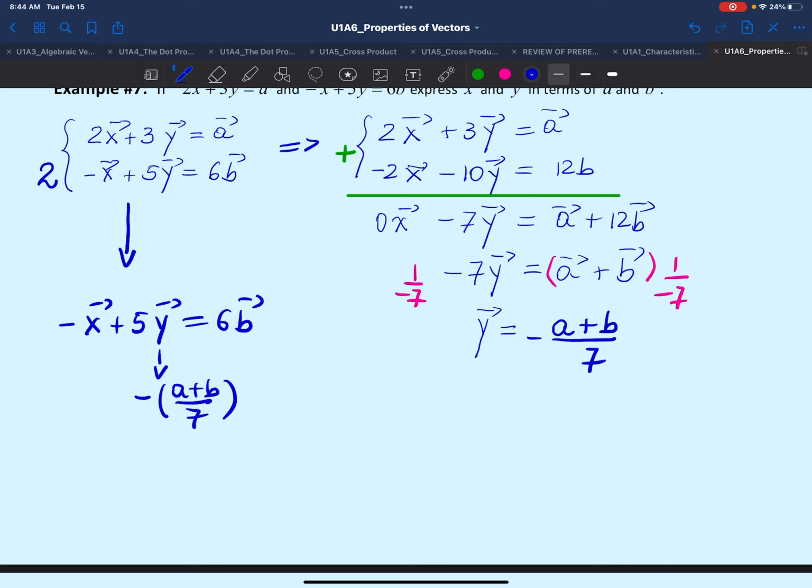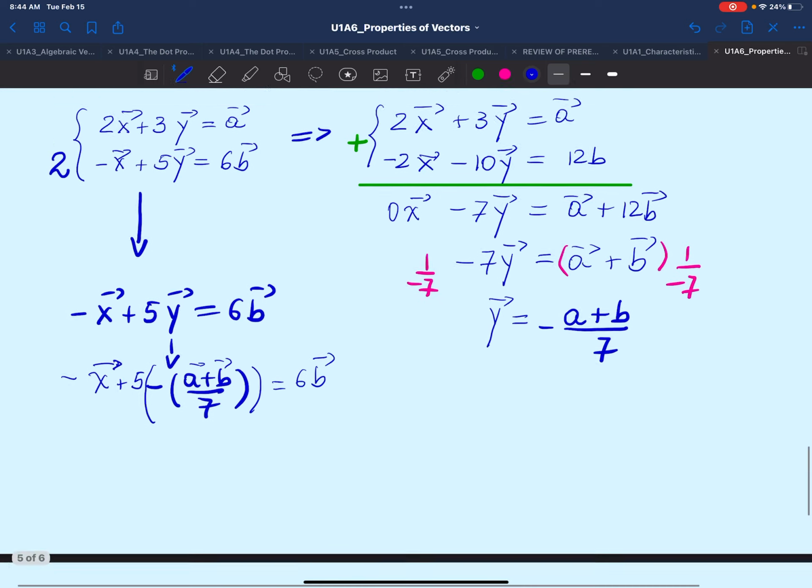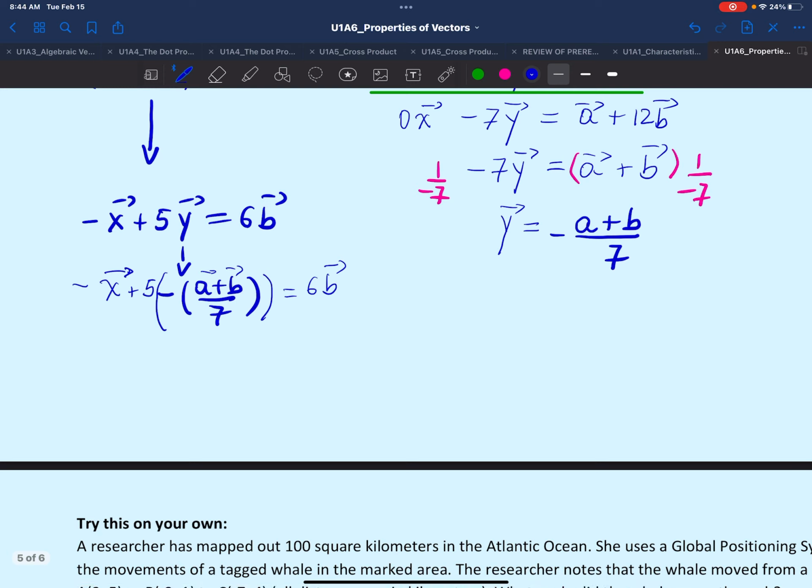So we'll say that negative x plus 5 times negative a plus 12b over 7 would equal 6b. So we have a little bit of work to do here. It's not too difficult anyways.